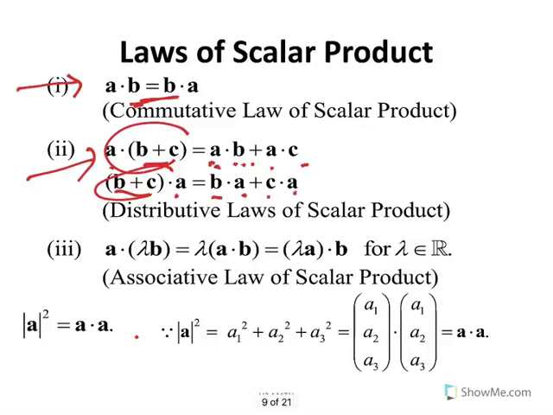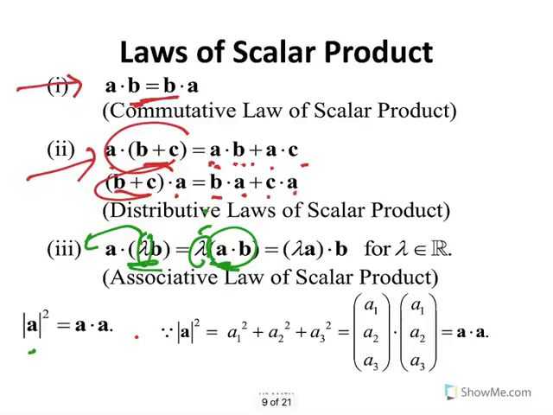We call this the associative law. Remember that lambda is not a vector, it is just a scalar, like a factor. If it's just a factor, we can put it outside and do our dot product first before we bring in the scalar. We call this the associative law of scalar product. So just remember that for scalar product you have the commutative, distributive, as well as associative laws.